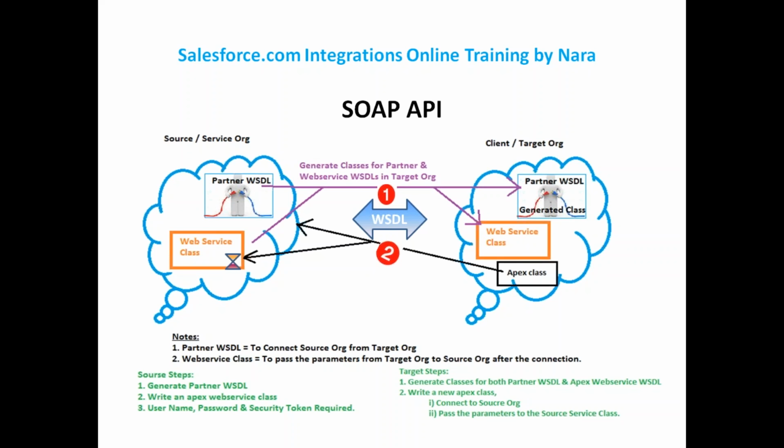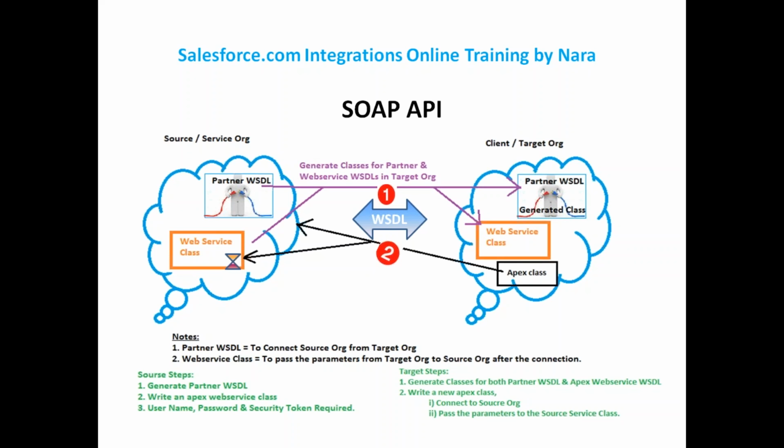Once the record is created, I just displayed a status message saying that the customer is created successfully. This entire communication is done using the WSDL file, and the WSDL communication is nothing but a SOAP integration. This is how we integrate two Salesforce organizations using the partner WSDL.